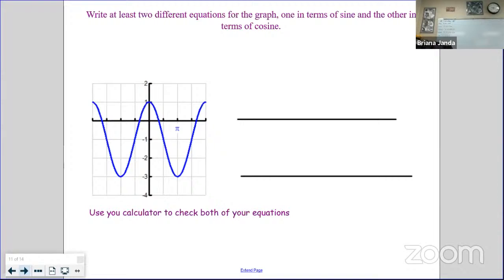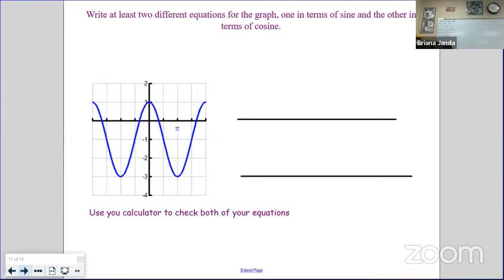That's going to be part of it. So it should be 2 pi for the period. A should have been the same.